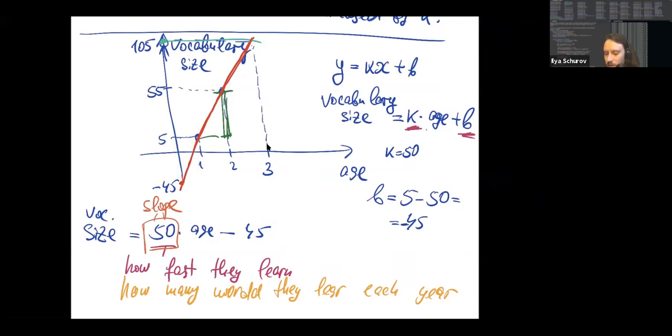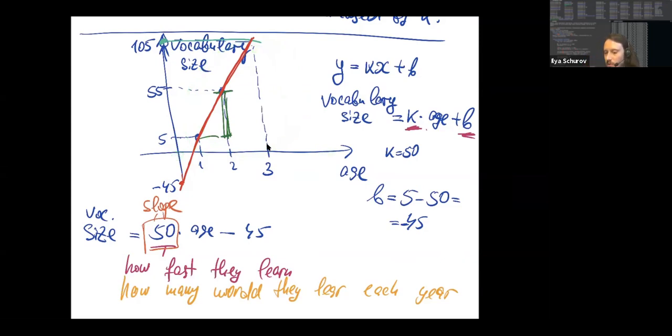But it is not some problem with our data. It is just an effect that shows that our model is not applicable everywhere. Our model can be applicable, for example, at this age, 1 to 3 years, but can be not applicable, for example, here or here.